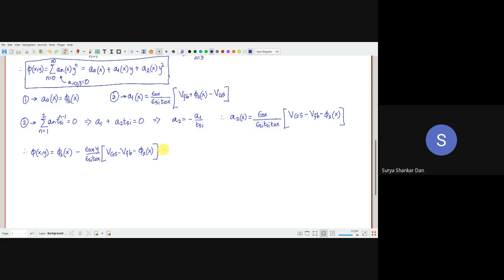So we can put here plus epsilon ox, okay? This is y square, in bracket this whole thing.